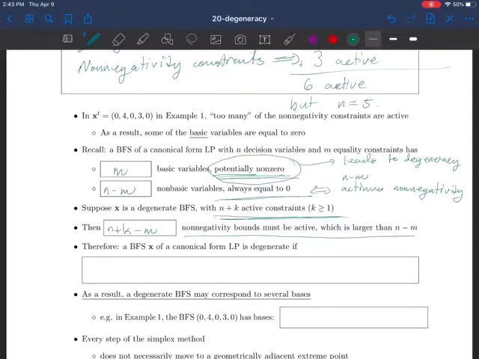In other words, all k additional active constraints come from the non-negativity bounds, which means that a basic feasible solution of a canonical form LP is degenerate if there are n minus m plus k components equal to 0, with k greater or equal to 1.